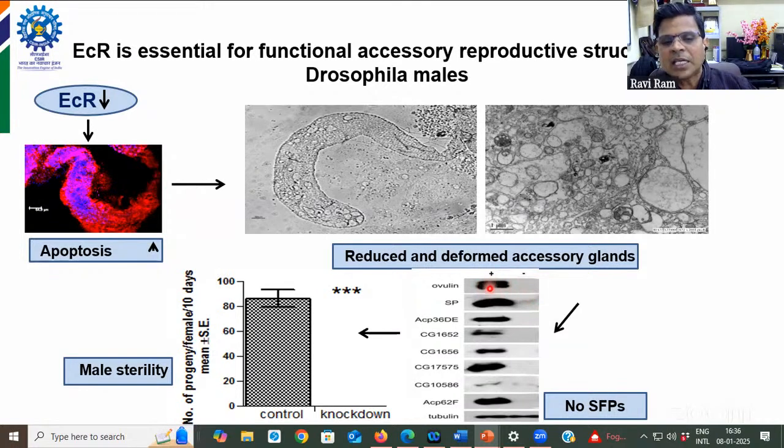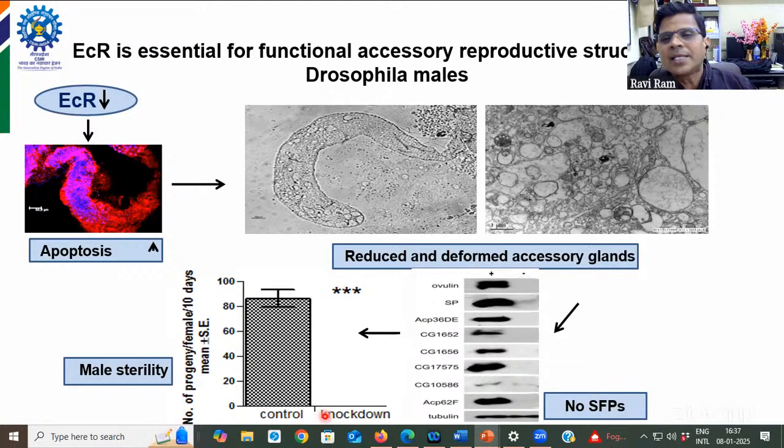If you look at the controls, you'll see the expression here, whereas in the knockdown, you barely see any expression, which suggests that knockdown of ECR is leading to loss of seminal fluid proteins, which ultimately is reflected in making that male completely infertile. There is no production of progeny itself here. So this is one example.